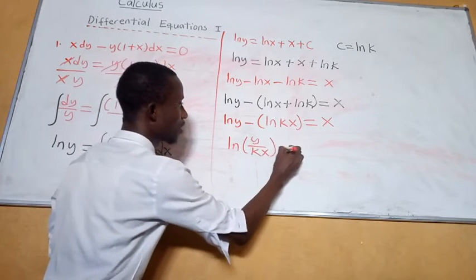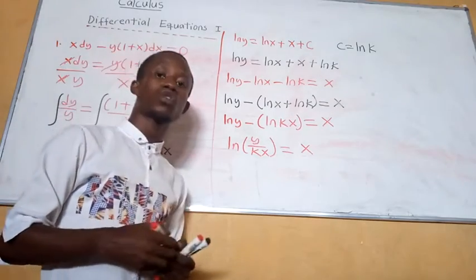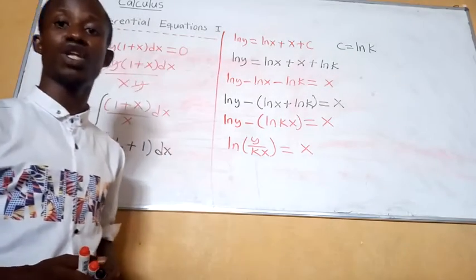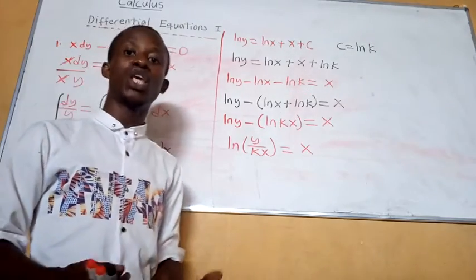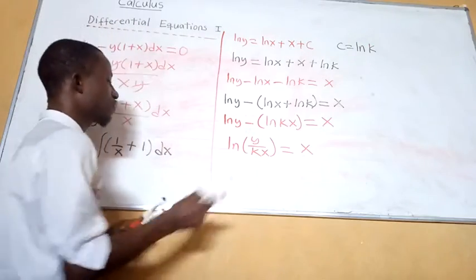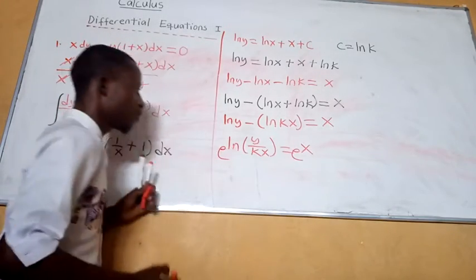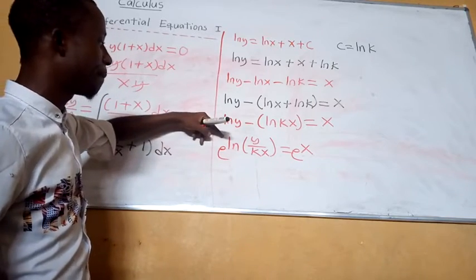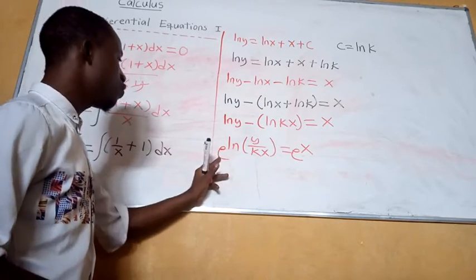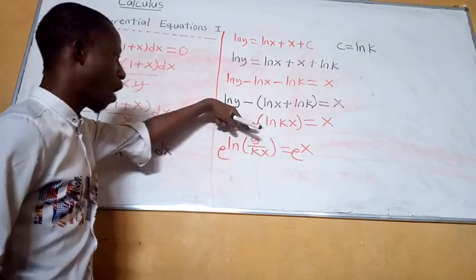So ln of y over kx is equal to x. Remember, in order for us to determine our general solution, we need to find y. So to find y, we take e on both sides. Taking e on both sides, the ln will drop. The e raised to the ln of y over kx gives us y over kx.